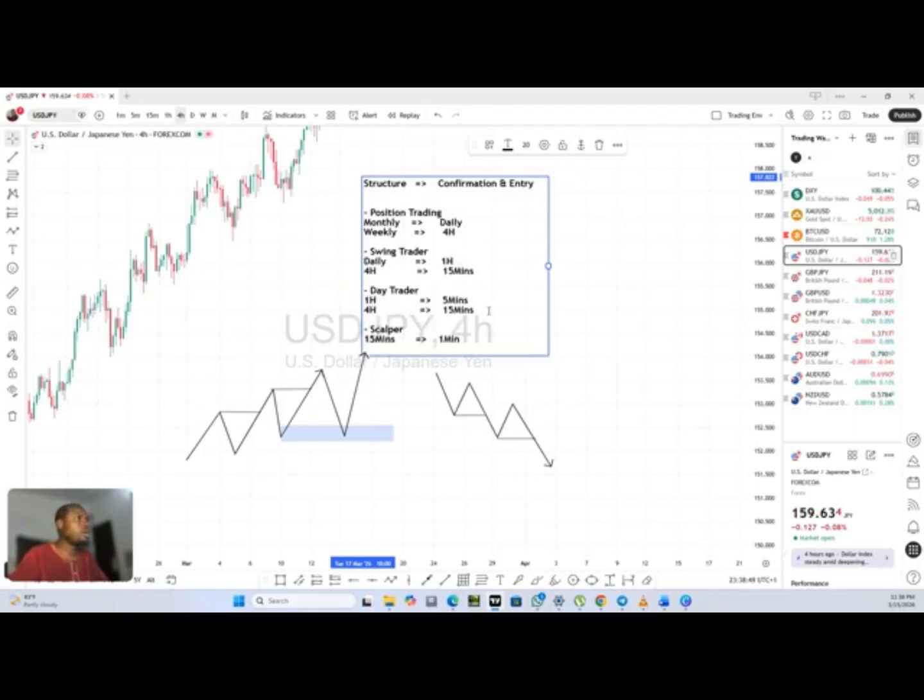So if you are, let's say, a swing trader, you will use the daily time frame. Do your analysis there, something like this. Let's assume this is the daily time frame.